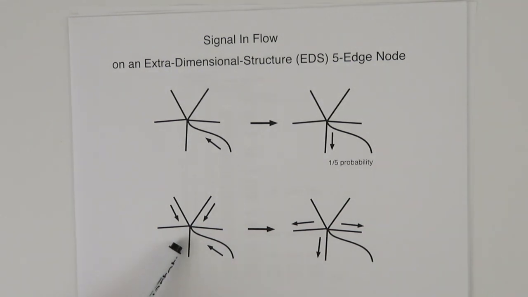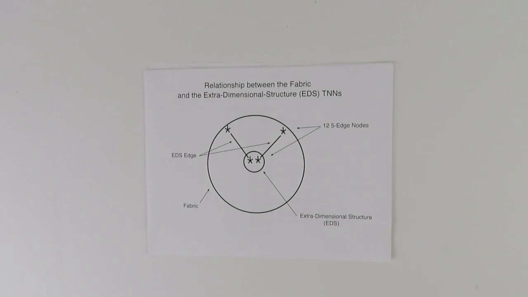In the same way here, when we have two signals approaching and we happen to have a signal approaching from the EDS edge, now these signals can go as you would expect, but the EDS signal comes and goes in this direction. So then the question becomes, well, what do you do with these extra dimensional structure edges?